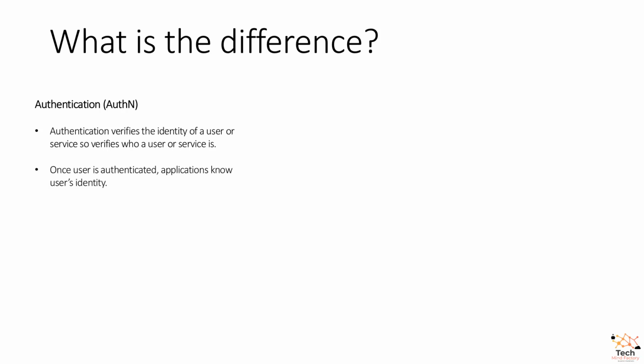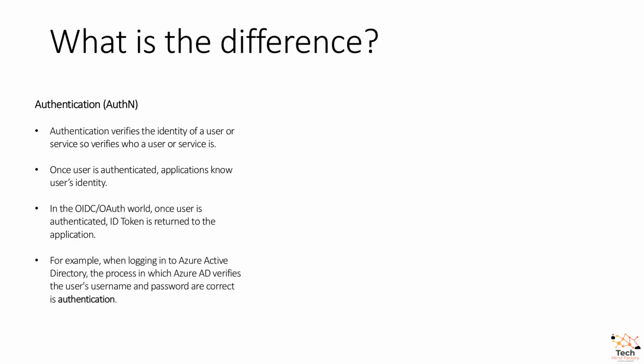Once a user is authenticated, applications know the user's identity. In the OIDC OAuth world, once a user is authenticated, an ID token is returned to the application.